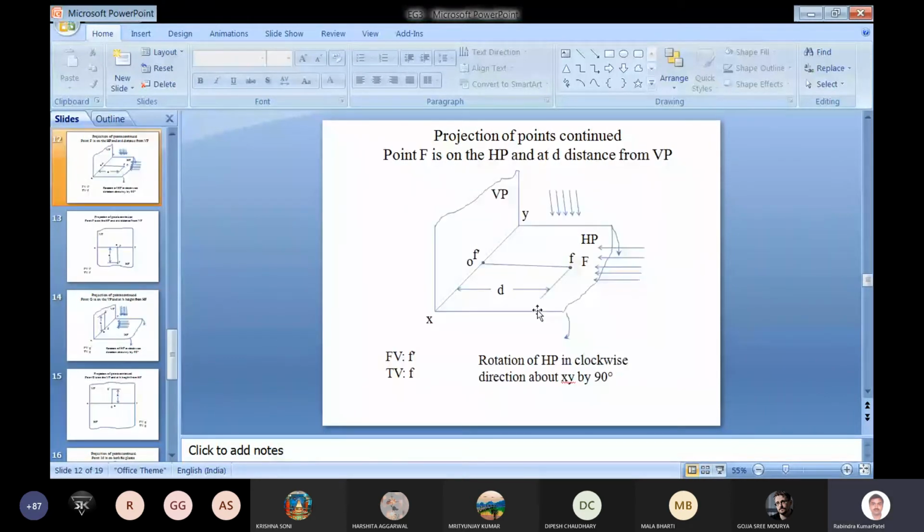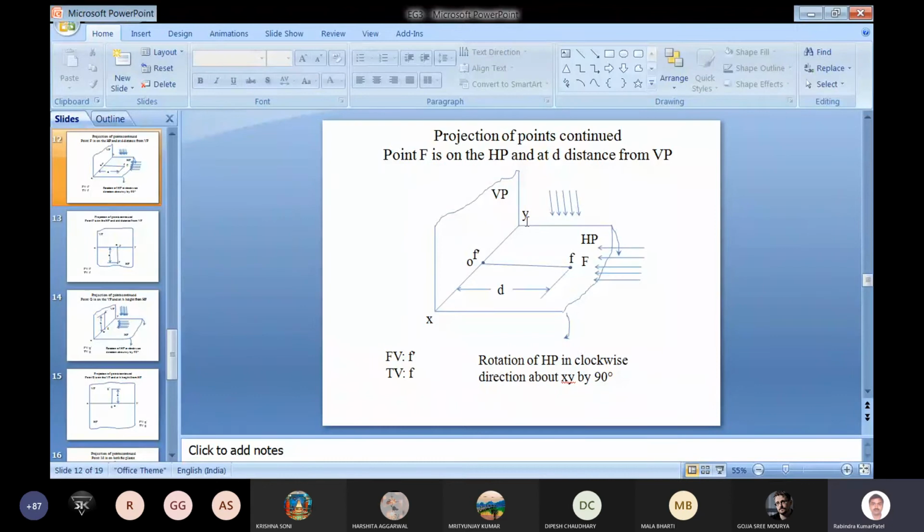There can be another case where the point is situated on the plane itself. Like here, this horizontal plane is there. The point is situated on the horizontal plane only. So if we want to get the projection of this point onto the horizontal plane, that is small f, we will get it at the same location, and if we want to get the projection of this point onto the vertical plane, that will be f dash, and that will come onto the reference line only.